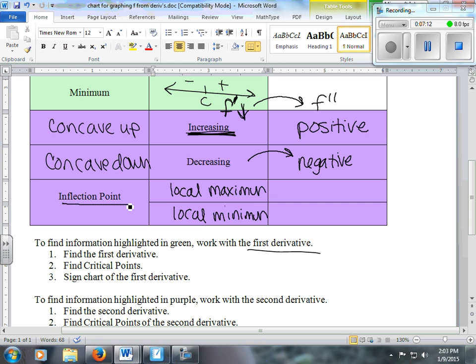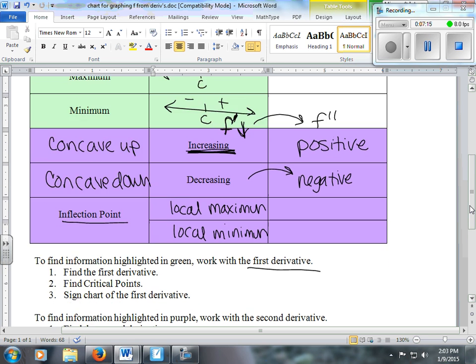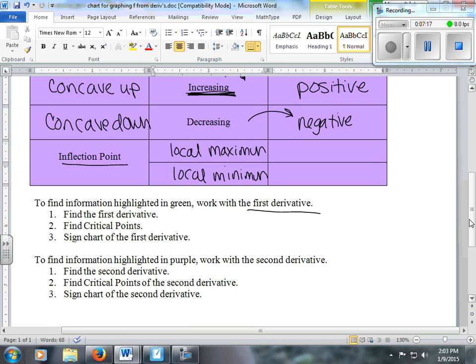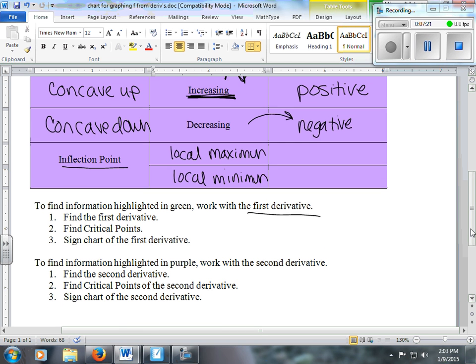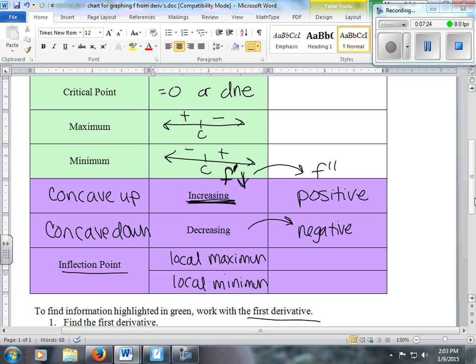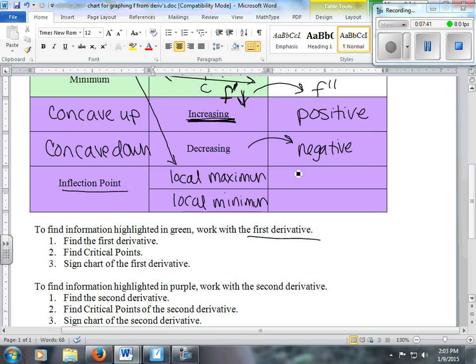Okay, so now I'm again wondering what's going to happen in the second derivative if my first derivative has a maximum. Well, we already learned about what happens. We know that if a function f has a maximum, then its derivative changes from positive to negative. So if the function you're talking about happens to be the first derivative, then its derivative, the second derivative, changes from positive to negative.